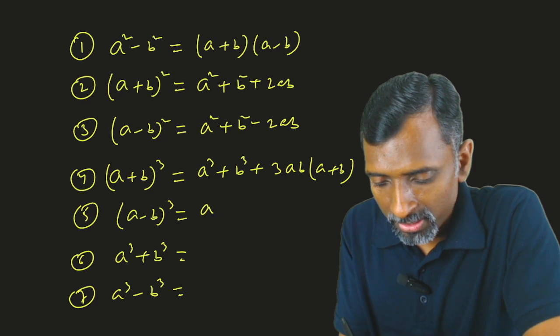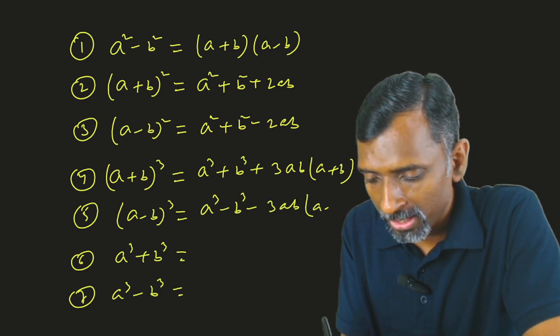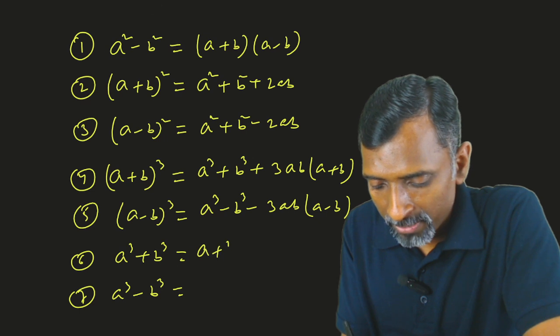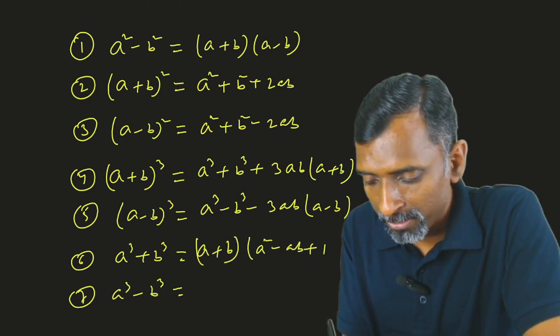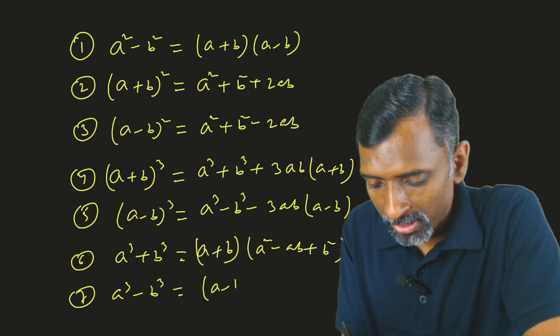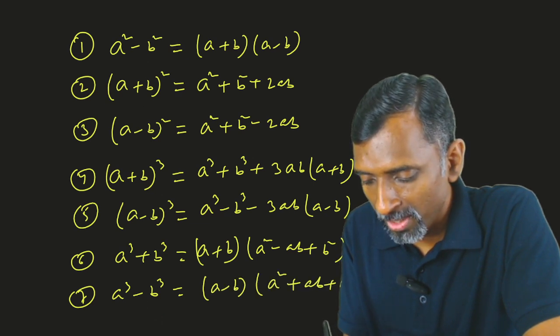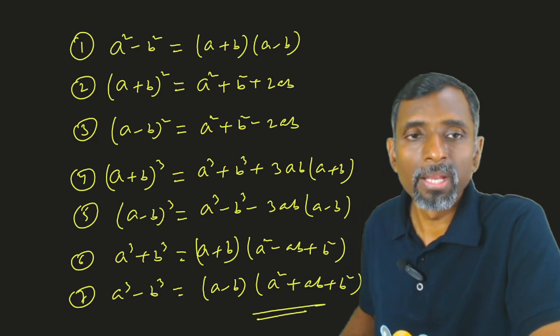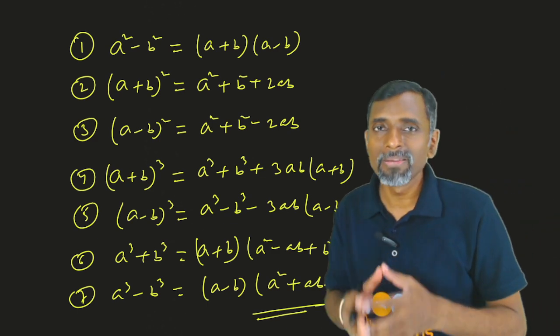It can also be written as a cube minus b cube minus 3ab multiply a minus b. It can be written as a plus b multiply a square minus ab plus b square. This can also be written as a minus b multiply a square plus ab plus b square. So these seven are the very important identities which we use in questions on trigonometric identity.